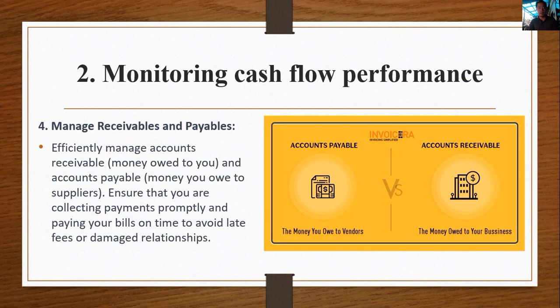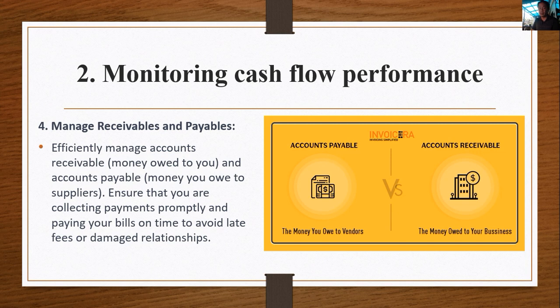Okay, so ensure that you are collecting payments promptly and that you're paying your bills on time to avoid late fees or damaged relationships. So, class, in business, your relationship is one of your assets. It is an intangible asset. You know why? Because that is your sustainability in your business.